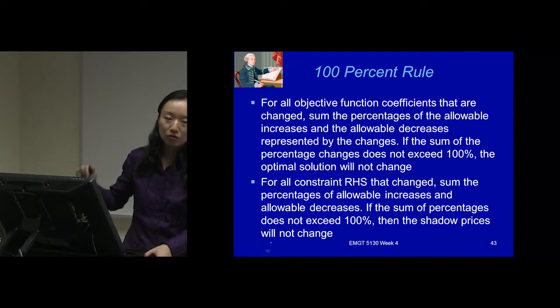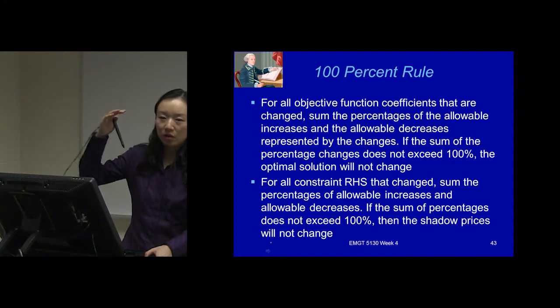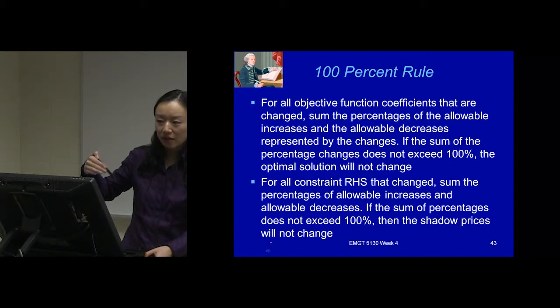If yes, for the objective function table, you know that the solution will remain the same. And for the constraint table, what will be the same? The shadow price will be the same. Okay, good.